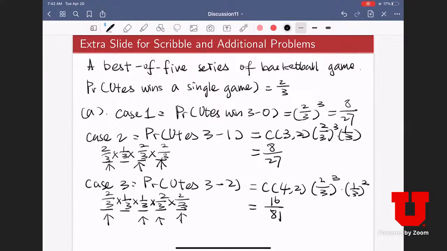All right, and the probability of winning the series would just be using the rule of sum, which adds all these 3 cases together.